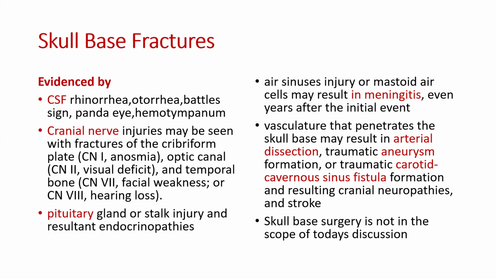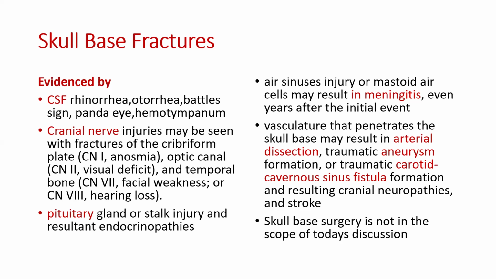So you can also have pituitary gland or stalk injury, and that can result in endocrinopathies. We know the role of the pituitary in endocrine function. So this is how you start thinking that this person could actually be having a fracture of the base of the skull.